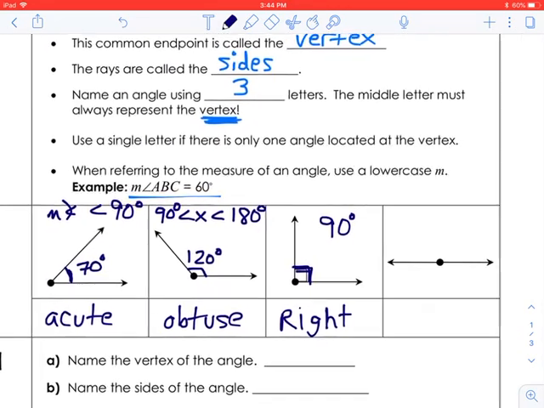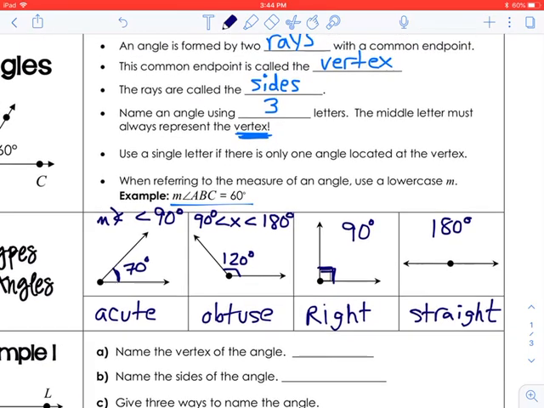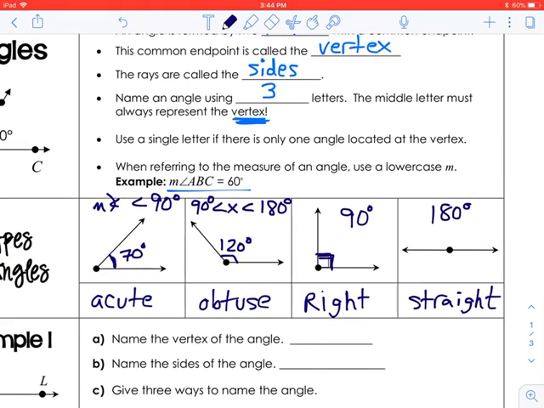If you have a vertex in the middle and it goes in opposite directions like that, it is exactly 180 degrees. That is called a straight angle. So there are our angle types. Between 90 and 180 is obtuse. Less than 90 is acute.